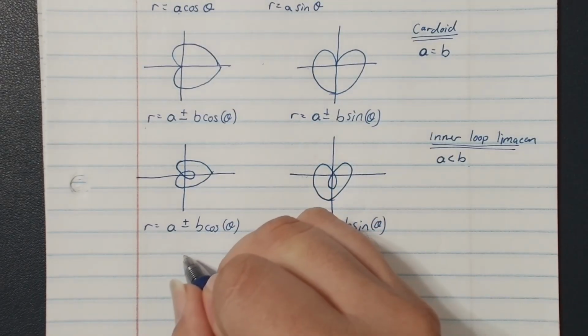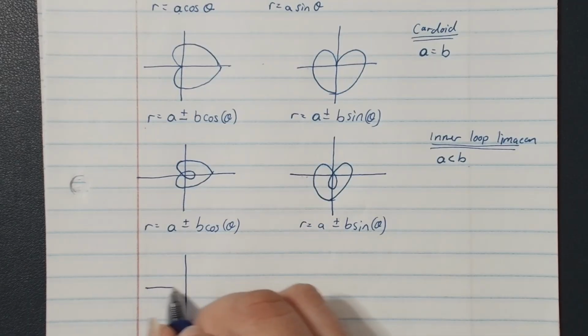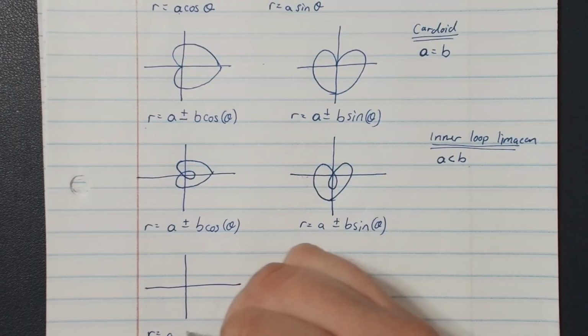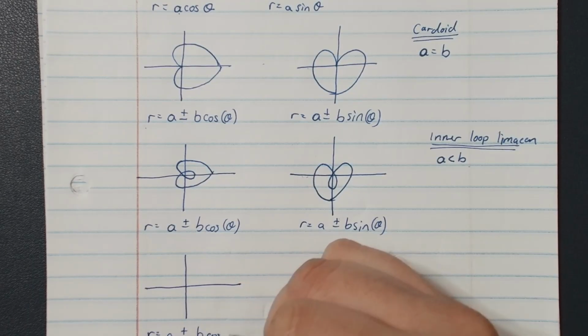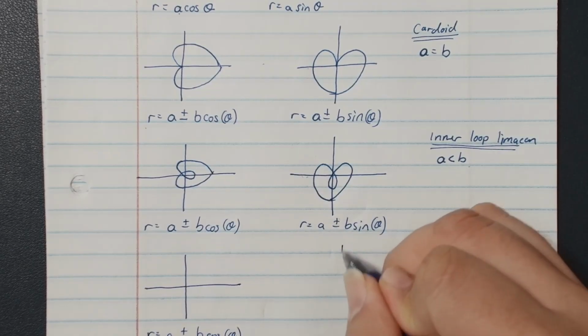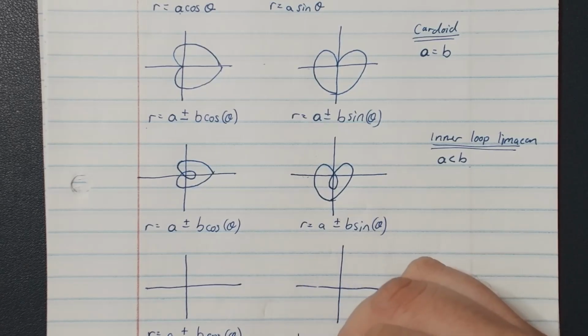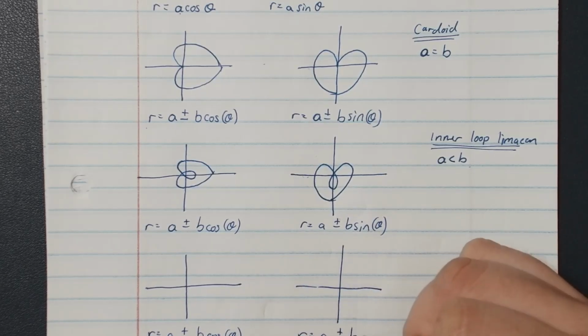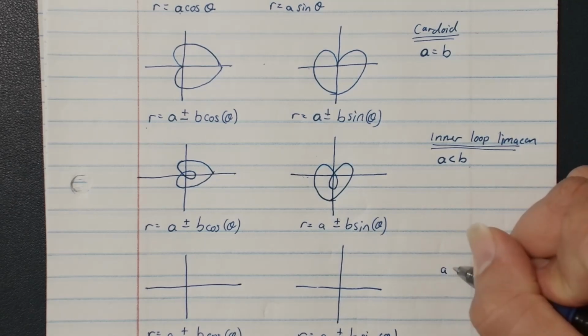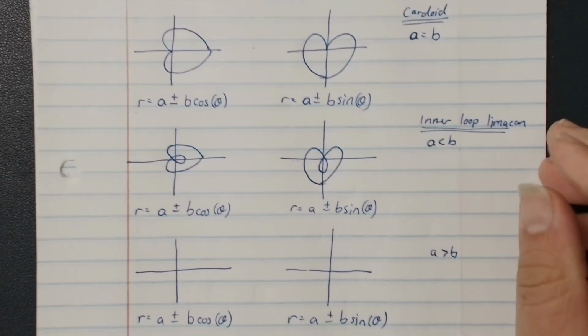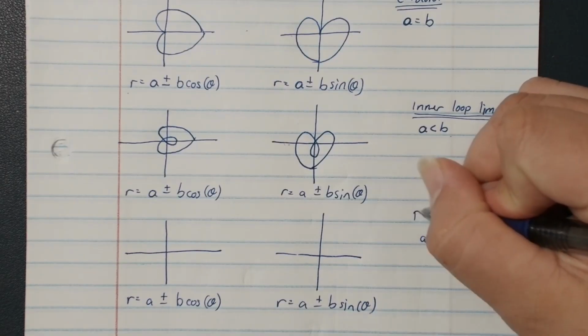Here, if we have r equals a plus or minus b cosine theta, or if you have r equals a plus or minus b sine theta, and if you have an a that is greater than b, then this is what's called a dimpled limaçon.